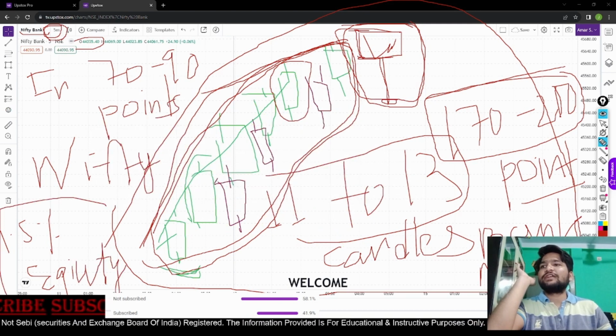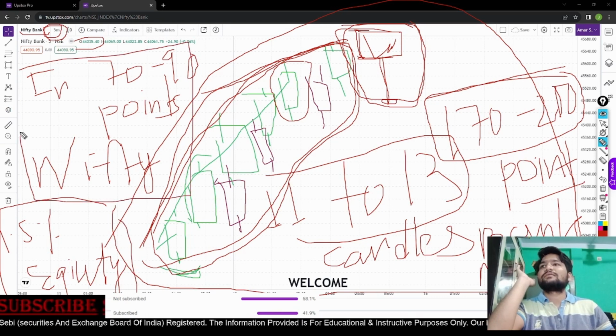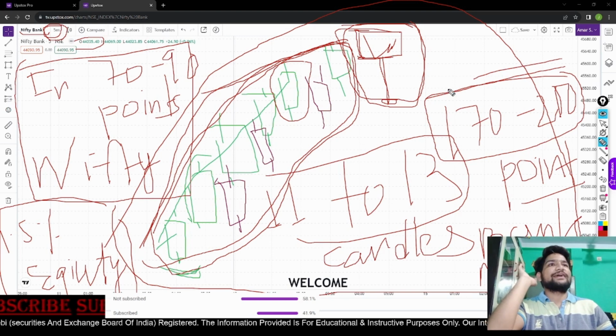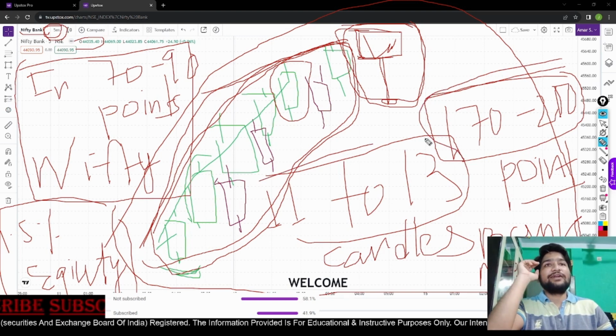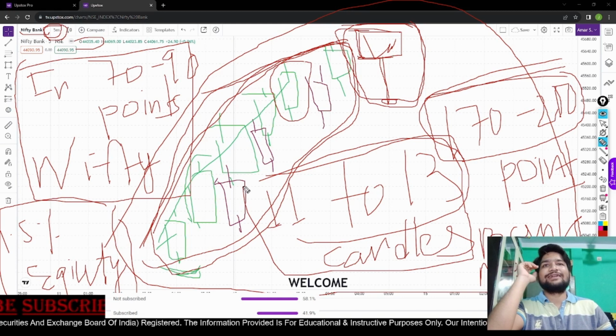So this is for equity, this is for Nifty, and this is for Bank Nifty. And the 11 to 13 five-minute candles apply to equity, Nifty, and Bank Nifty.